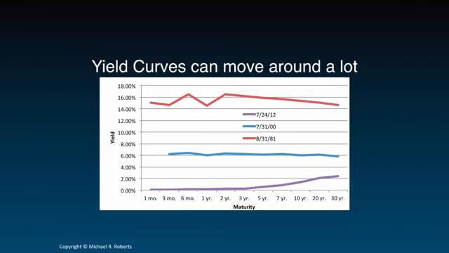Now, this raises the question, what does this mean? What does the upward sloping curve in 2012 mean as opposed to the downward sloping curve in 1981? There's a lot of academic debate about that, but one popular opinion is that the slope reflects expectations of future interest rates.